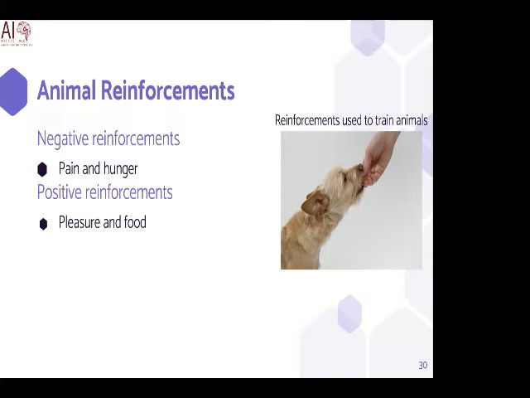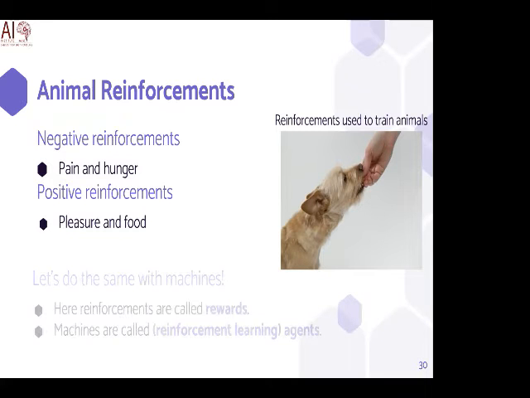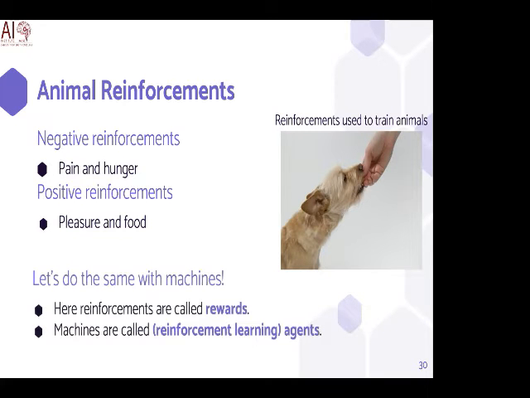But the thing to note here is that this is just illustrative. A dog learns far more quickly than a reinforcement learning algorithm does, so the slowness still remains. We're going to do the same with machines, similar to what we do with a dog. That is the idea of reinforcement learning.